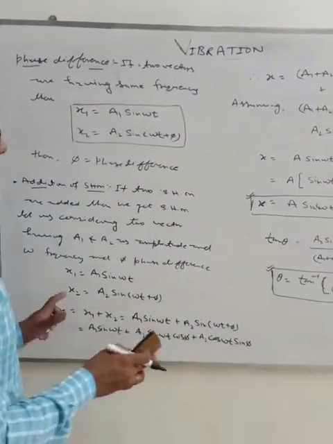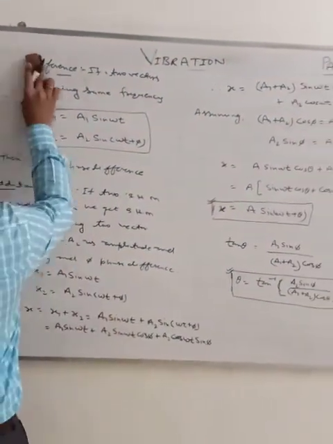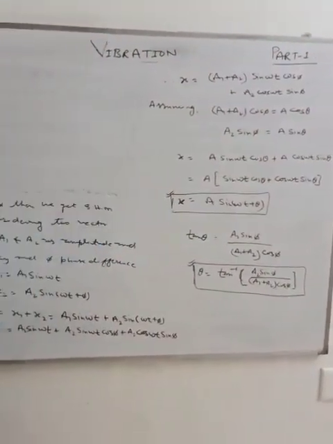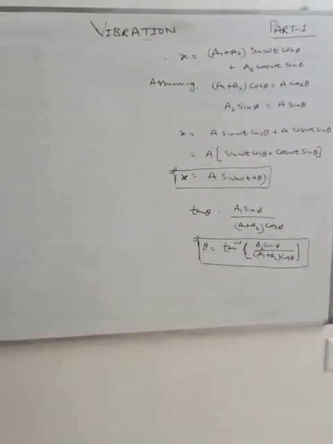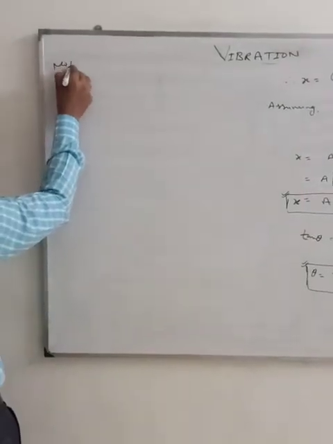This method is known as the analytical method, but we can also use the graphical method for addition of simple harmonic motion.